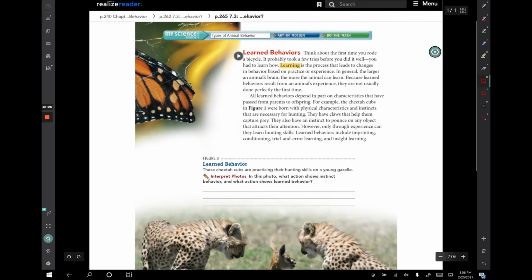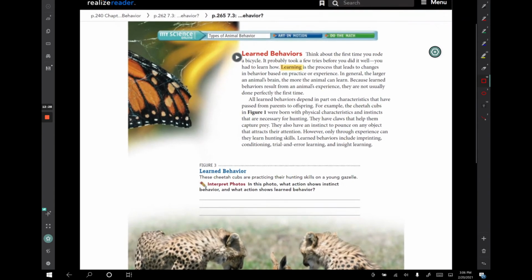The next type of behavior we're going to look at are learned behaviors. These are not instinct behaviors. So you probably did not just get on a bicycle and take off riding the very first time that you got on one. It probably took a few tries before you were able to do it very well. So that was learning. And learning is the process that leads to changes in behavior based on practice and experience.